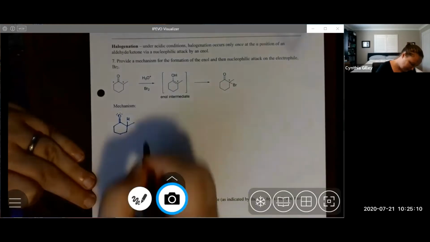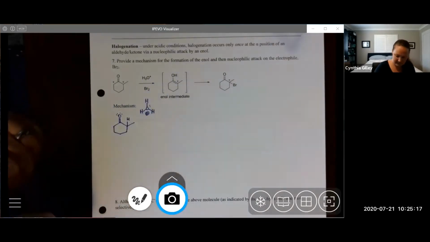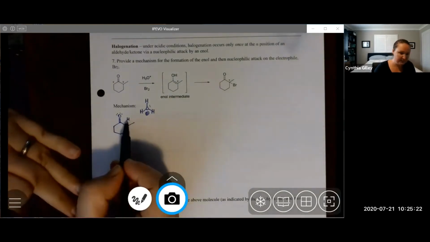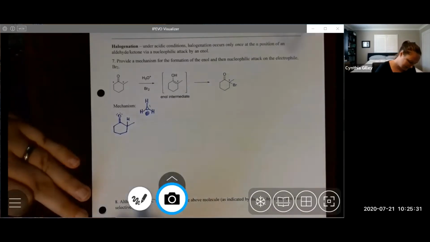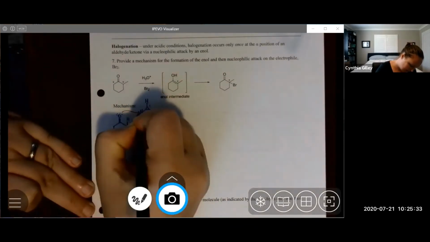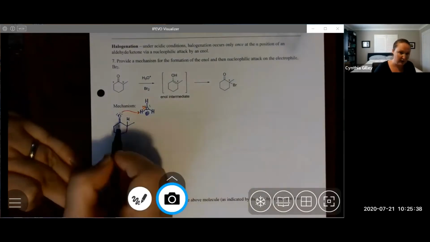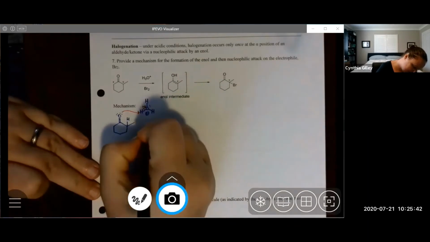But the first step under acidic conditions is protonation. So we don't want to forget that we don't have a base strong enough to deprotonate this position if the base is water. So it has to be a strong base. Instead, if we're going to be using water as the base, we need to add an acid catalyst. So that acid catalyst will protonate the carbonyl oxygen, making the carbonyl carbon more electrophilic. So first step is proton transfer.